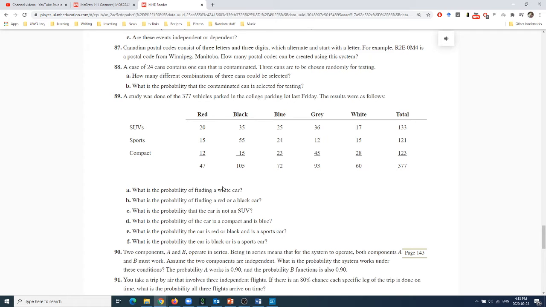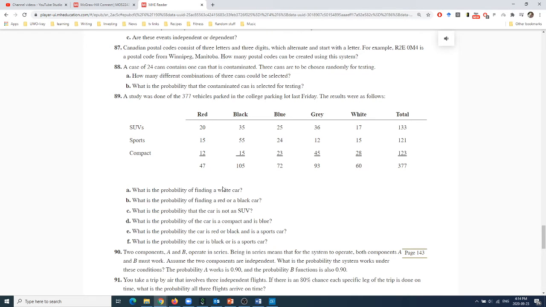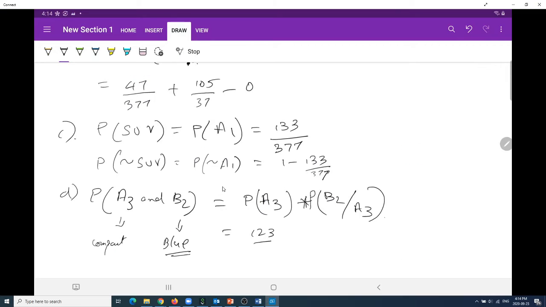So what's the probability that the car is compact? This is what I wrote: A3 stands for compact and B2 stands for blue. The probability that the car is compact is 123 divided by 377, multiplied by the probability that the car is blue given that it's compact.